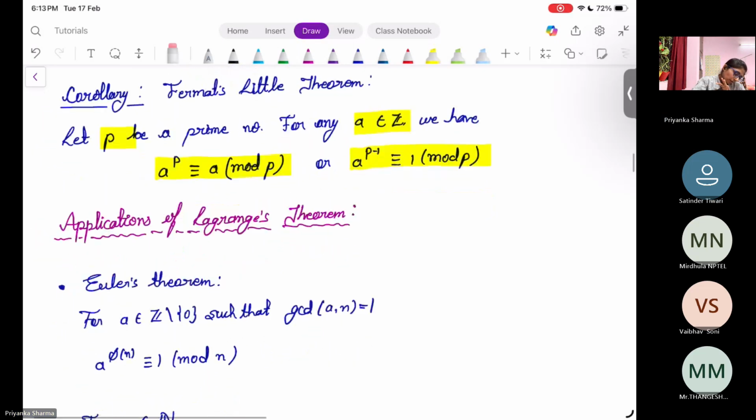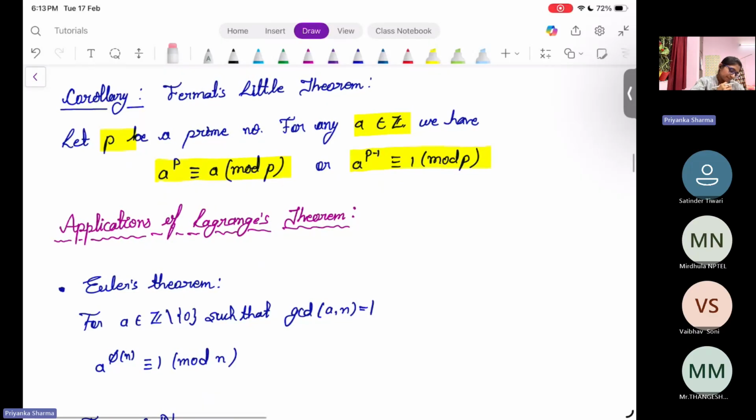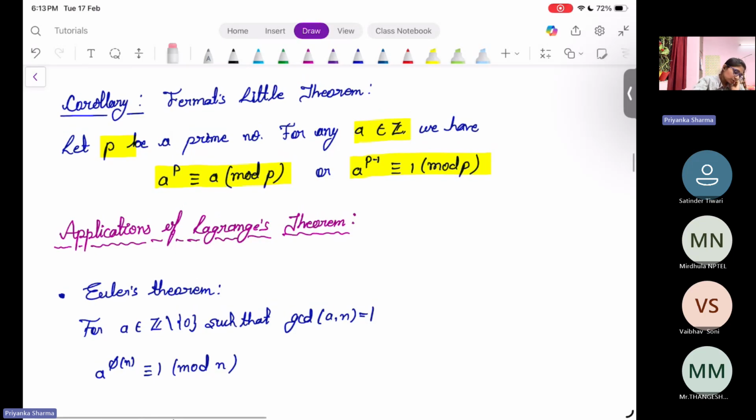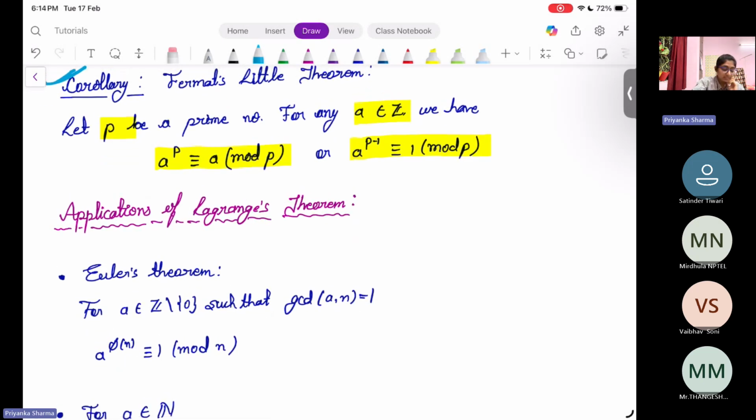Now, we can also see some applications of Lagrange's theorem in number theory. We can verify some well-known theorems of number theory using Lagrange's theorem. So, this corollary is Fermat's little theorem. We can generalize this.